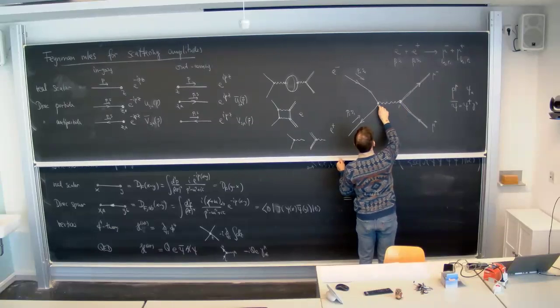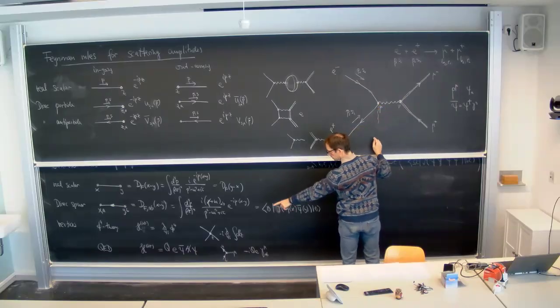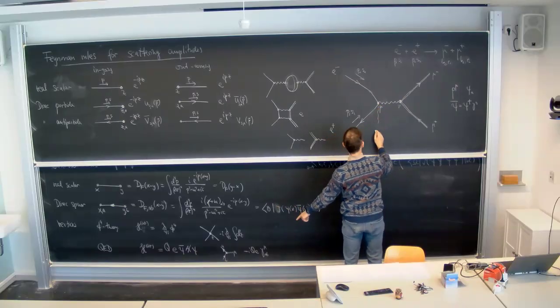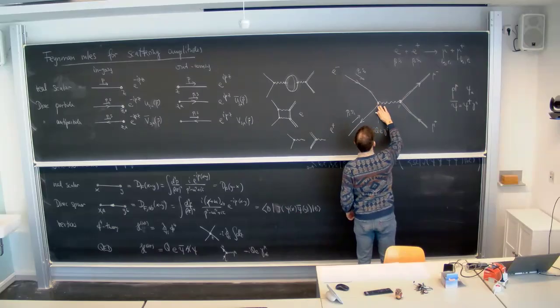So what I really mean is, this vertex is the thing there, minus i Q e gamma mu, and that's not a photon, right?